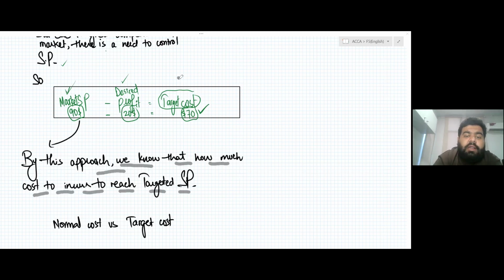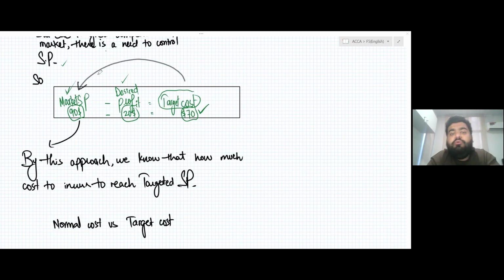Because we are now focusing on this target cost, this target cost will help you to reach the required market selling price, and you can easily sell the product according to the market price. The issue will be resolved.